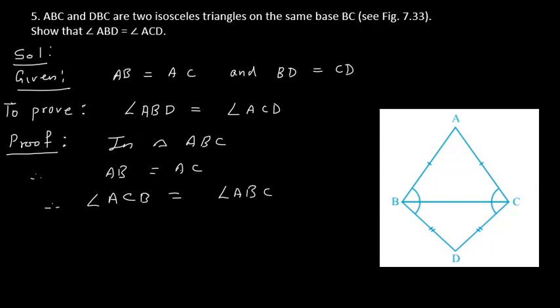Okay, this is the isosceles triangle theorem. Or you can say that angles opposite to congruent sides are equal. This is your first equation.